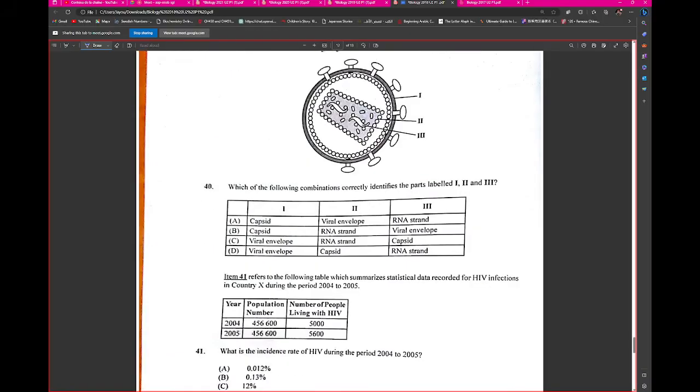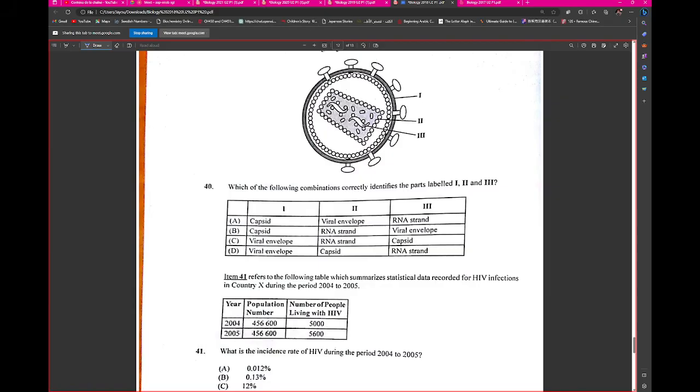That's if it works. Which of the following combinations correctly identifies 1, 2, and 3? So 1 is the viral envelope. Are you sure? Yes, sir. Okay, so that would be that.